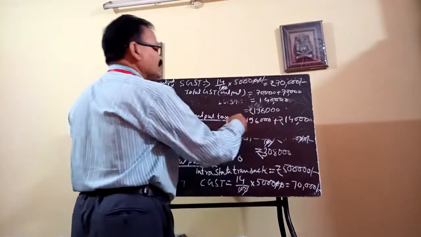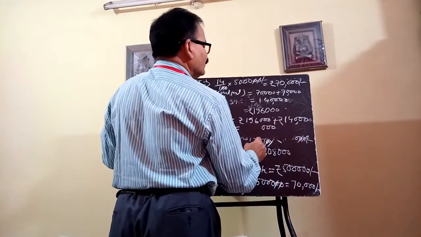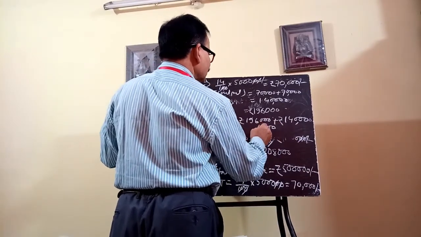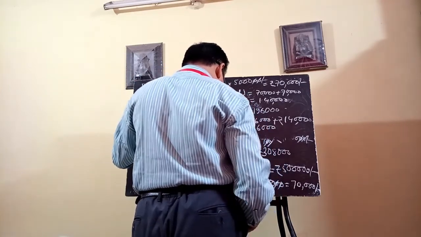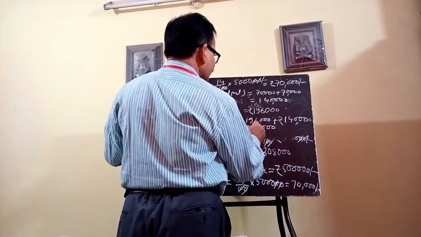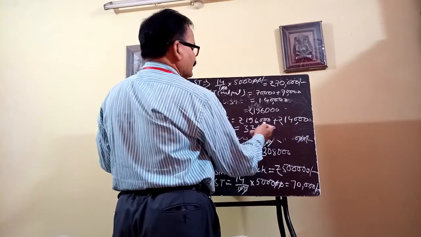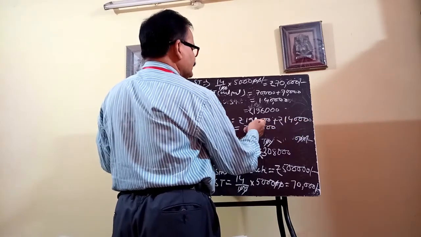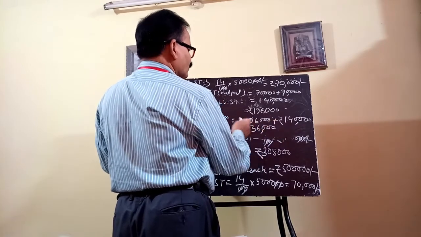So when you add all these, what will be the total value? That is 3,36,000. See, 000, then 6 downward, 4 plus 9, 13, 1, 1, 2 and 3.